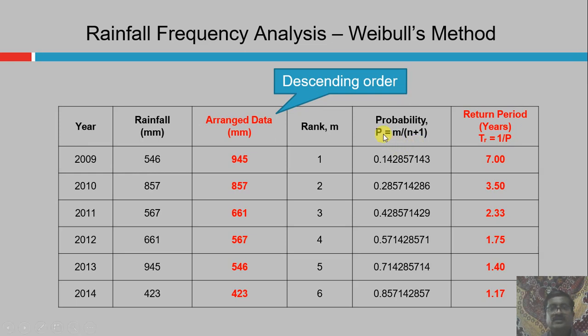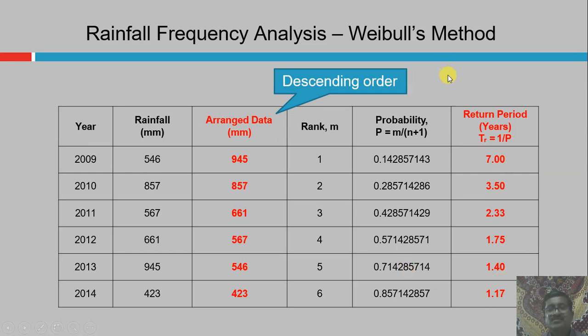Here, by using this equation, the probability is worked out for every year. By using this equation, P is equal to m divided by n plus 1, and the return period for every particular year is worked out. So it is a very simple method.